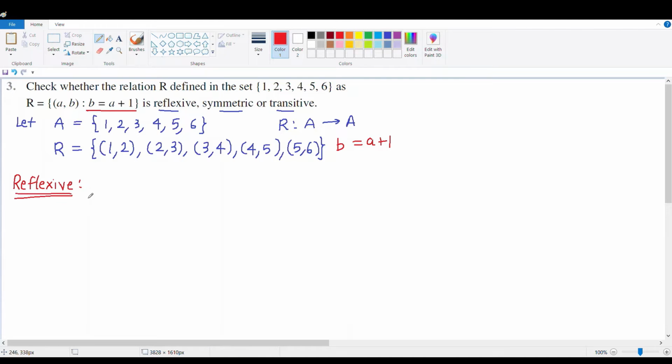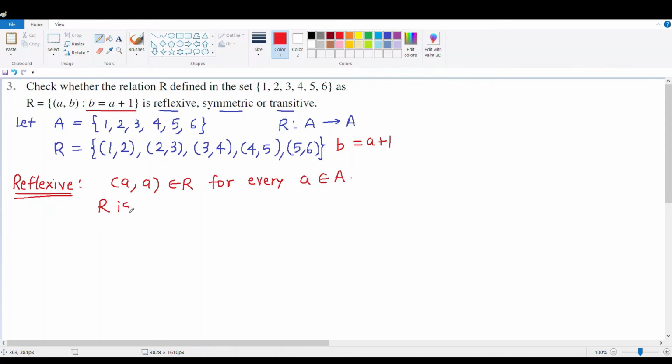Now the definition of a reflexive relation says what? That (a, a) belongs to R for every a belonging to A. So in your A you have 1, 2, 3, 4, 5, 6, these 6 different numbers. So you must have (1, 1), (2, 2), (3, 3), (4, 4) in this R. You don't have any of those.